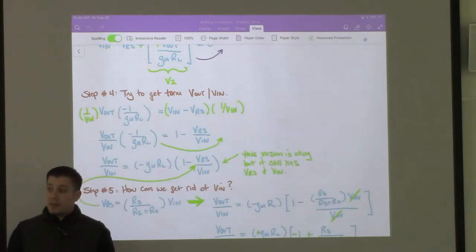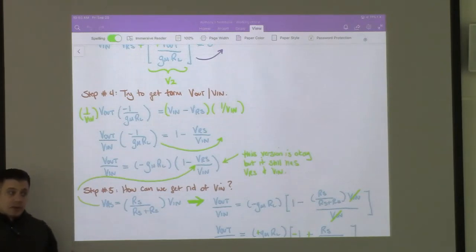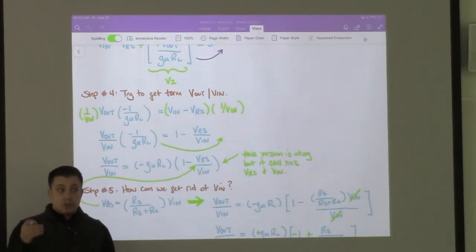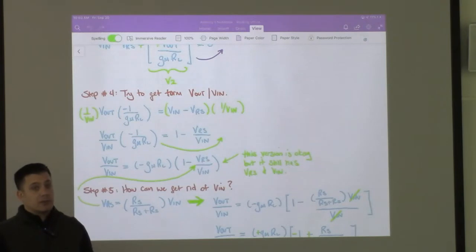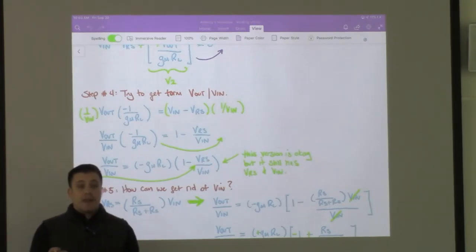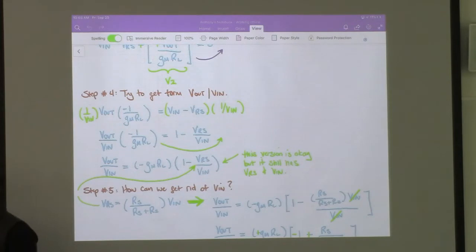But that'll get you a lot of points. So I encourage you to do that on quizzes and exams. Write down your steps, write down your equations, show that you know the principles associated with the circuit, and then maybe if you can't get it to work out completely, you can say, hey, I was 99% of the way there, but algebra didn't want to cooperate.